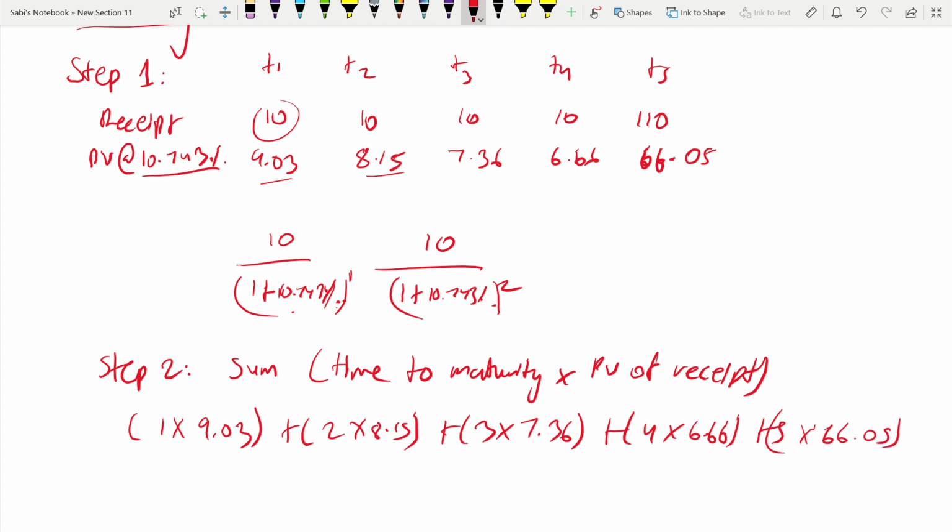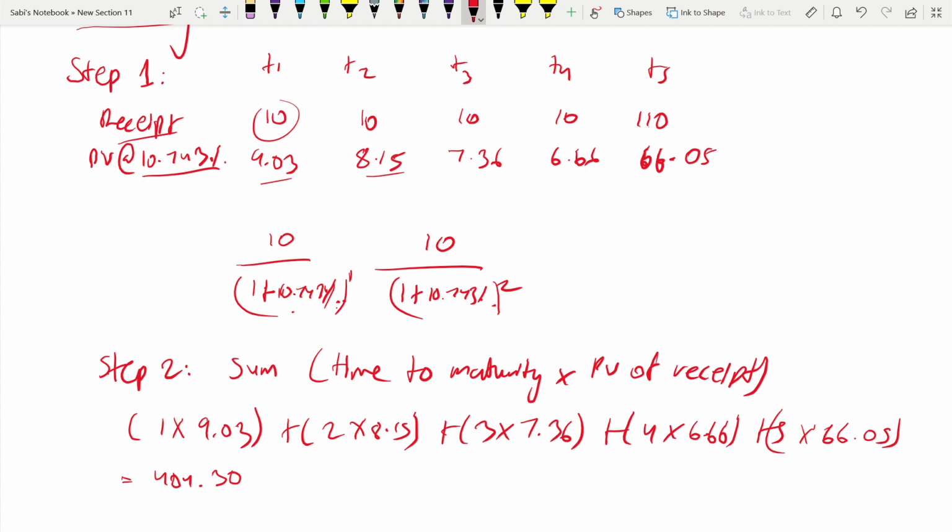Just add all of them, that's why it's the sum of all. It comes to 404.30. Here we are just taking the receipt, nothing to do with outflow or investment, as we do for net present value. That's why we are not taking year 0. Most of you might ask me that question later, so I'm answering it here right now. Just the present value of inflow.